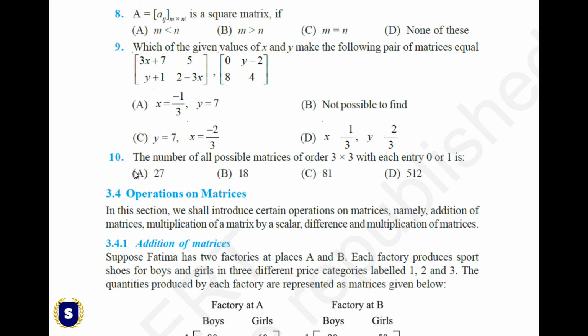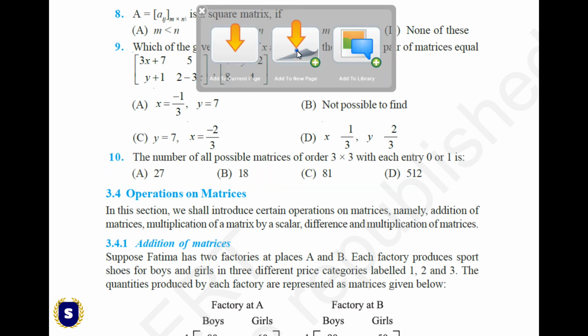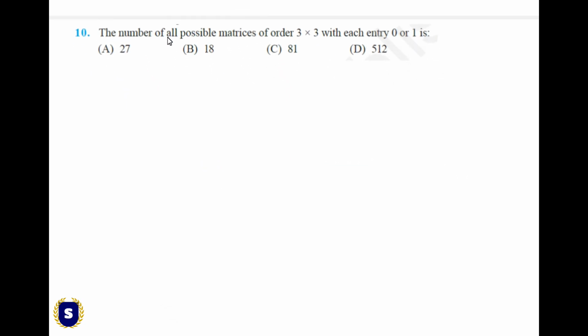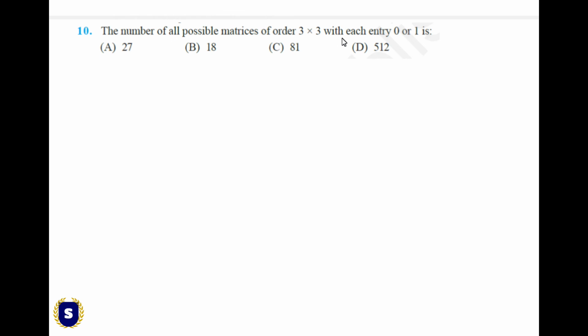The number of all possible matrices of order 3 cross 3 with each entry 0 or 1 is? We have in total 9 elements.